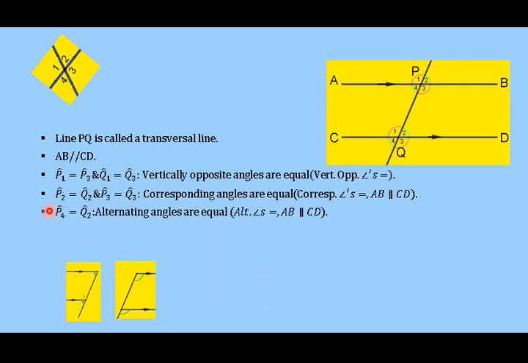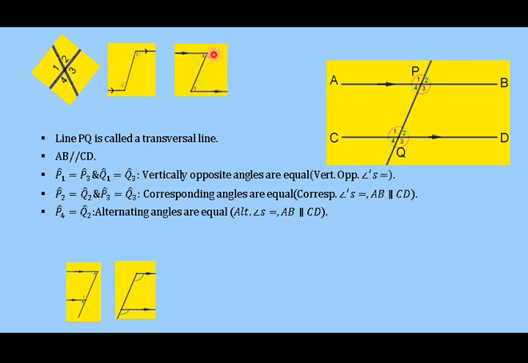Okay, and we have angle P4 equals angle Q2. These are the alternating angles. Alternating angles are equal. For alternating angles, you see the letter Z. As you can see, this Z is not the normal Z that you are used to.